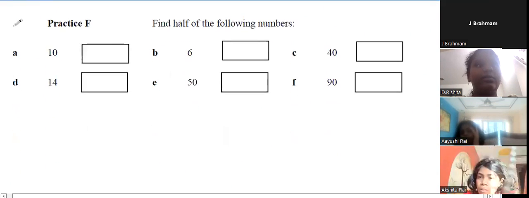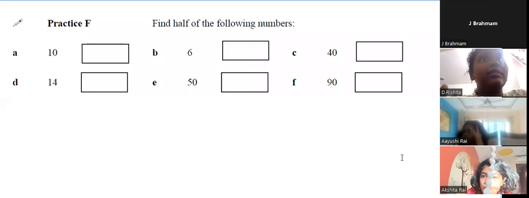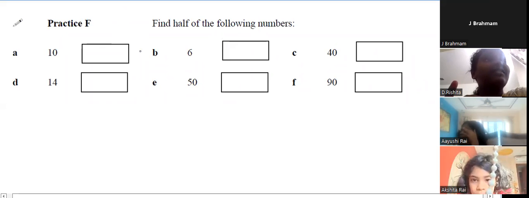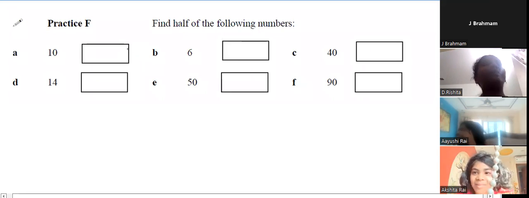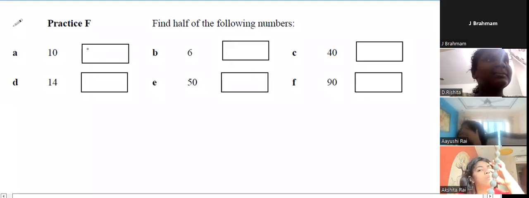Find half. Rishita, that is A, first question. Can I do the method you told just now, or shall I do the division method only? It is your choice. Directly you can say the answer.